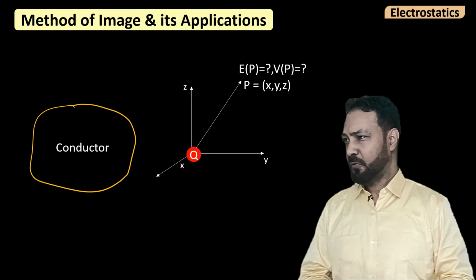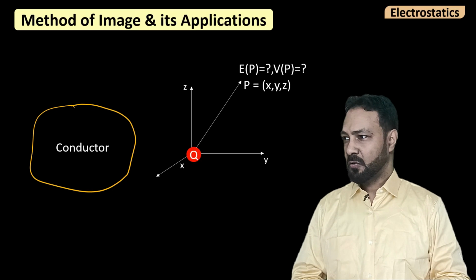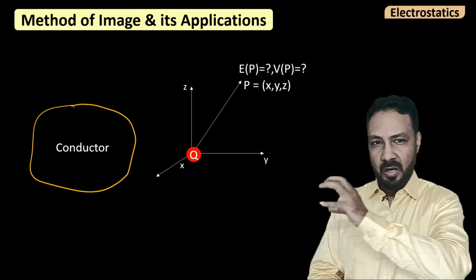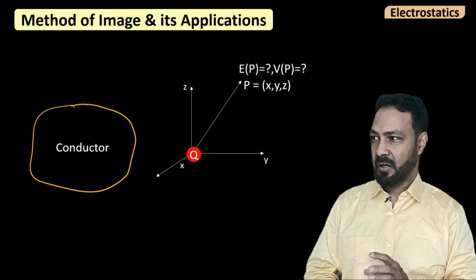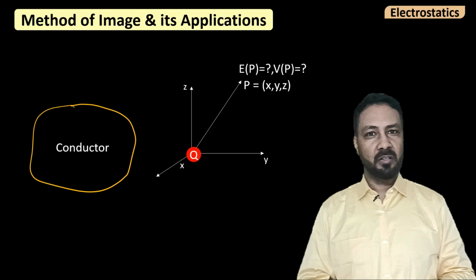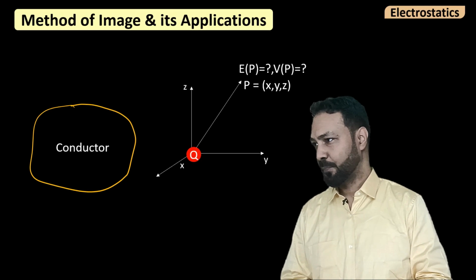A conductor has a lot of free electrons that can very nimbly move at the surface. So when a positive charge is placed in front of it, the negative charge will come towards that positive charge, and the points which are farther from that positive charge will have a deficit of free electrons, so there will be positive charge.